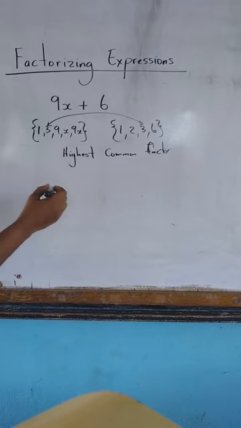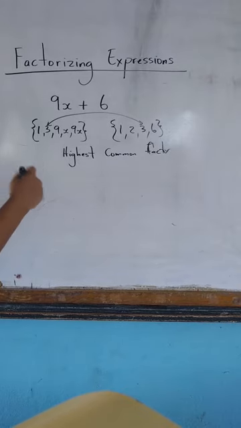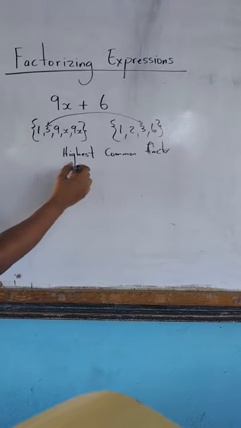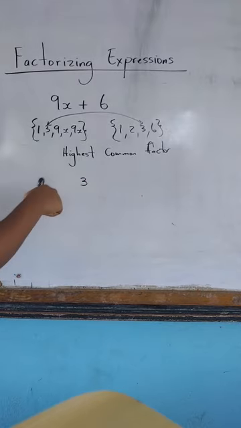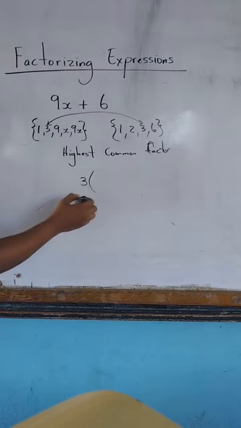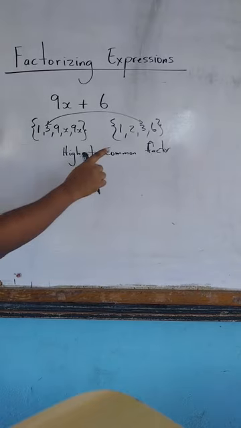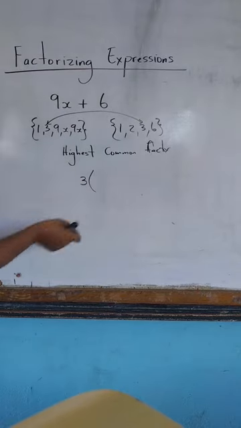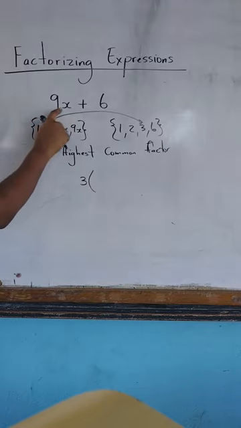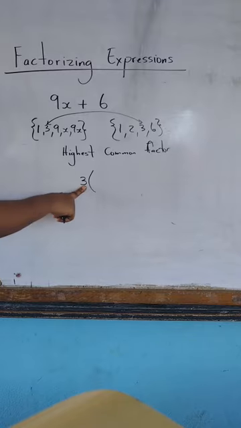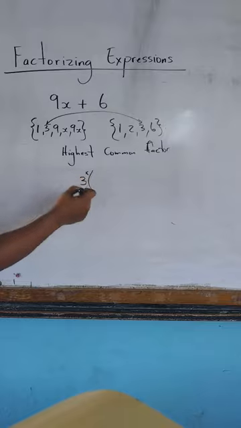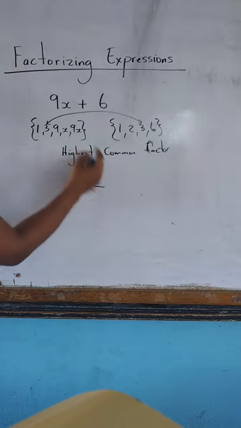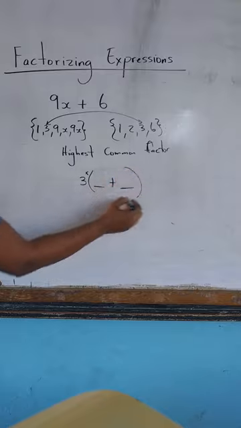We're going to factorize by doing a product of, which means I'm going to rewrite this statement with the highest common factor multiplying, because the factor 3 will multiply what to give me 3, and it will multiply what to give me 9x. So this is what they have in common. What they have in common will be outside the bracket. The bracket here is implying that 3 is multiplying some number plus 3 is multiplying some other number.